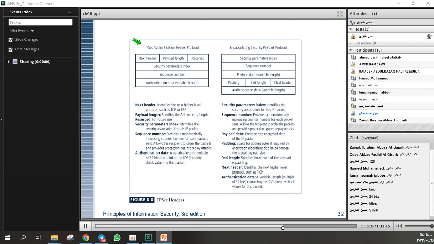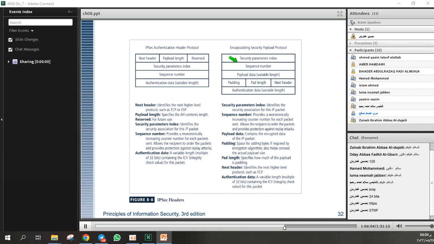The left side is the IPsec authentication header protocol, or AH protocol. The right side is the encapsulating security payload protocol, ESP protocol. If you look on the left side, you can see only in the header we add some security parameters, for example, security parameters here and some authentication data.